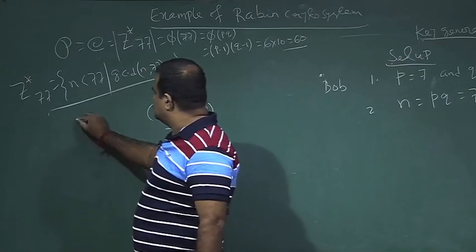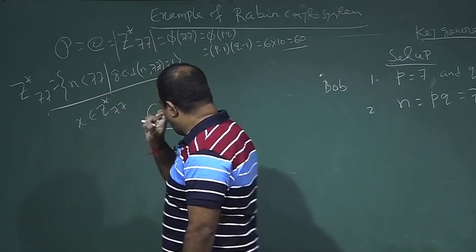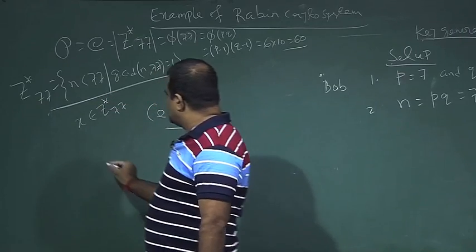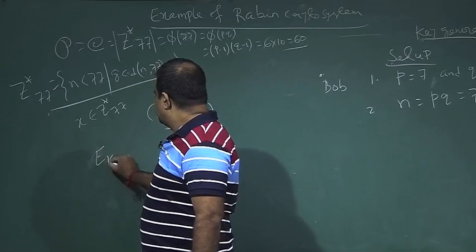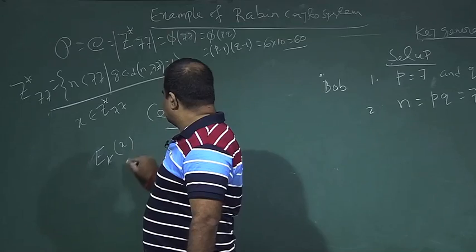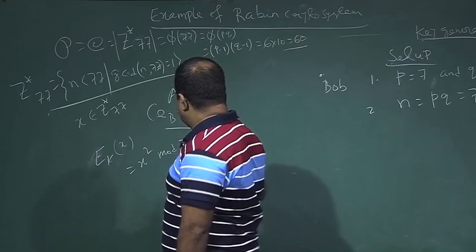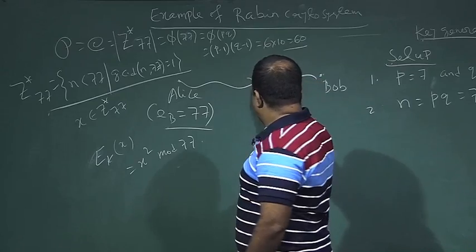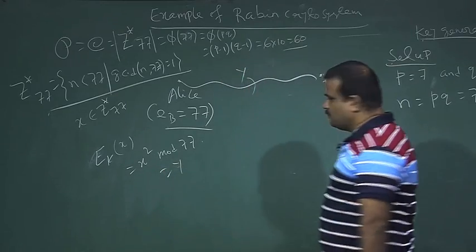Suppose the message is x. The encryption is EK of x, which is x square mod 77, and this is y, the ciphertext Alice sends to Bob.